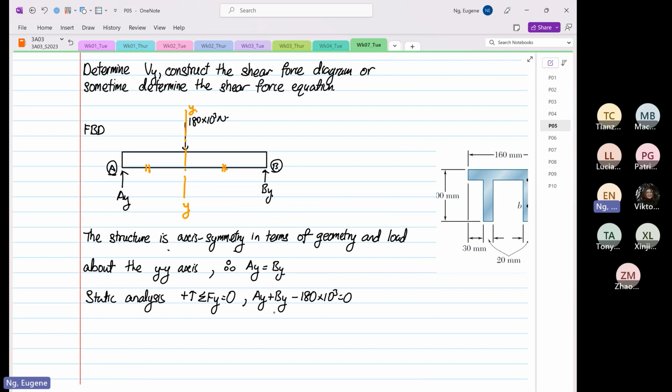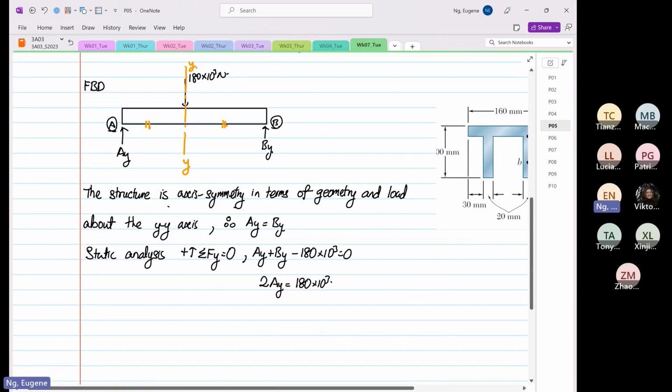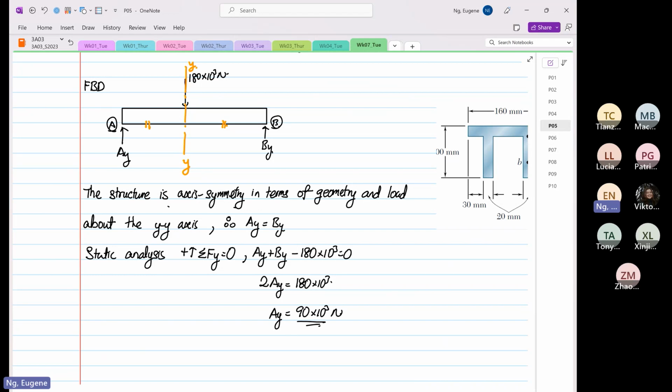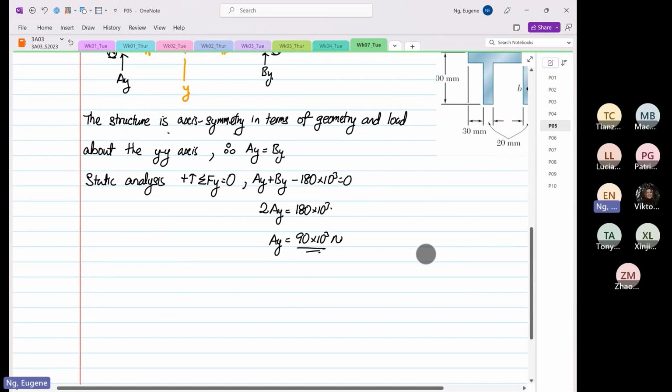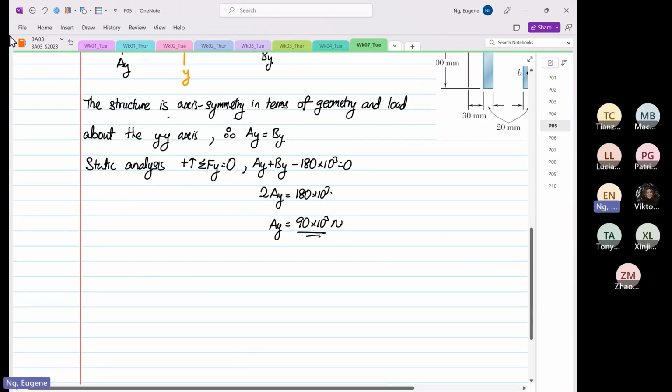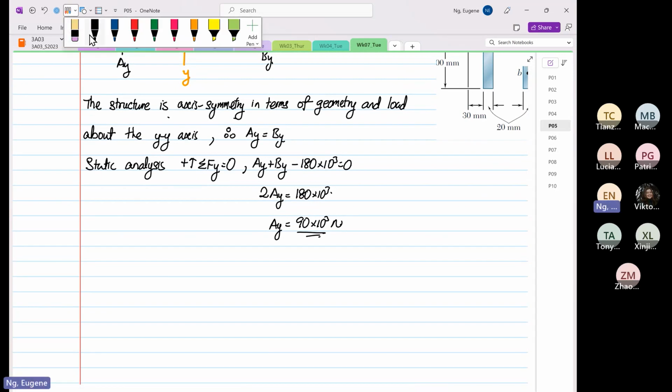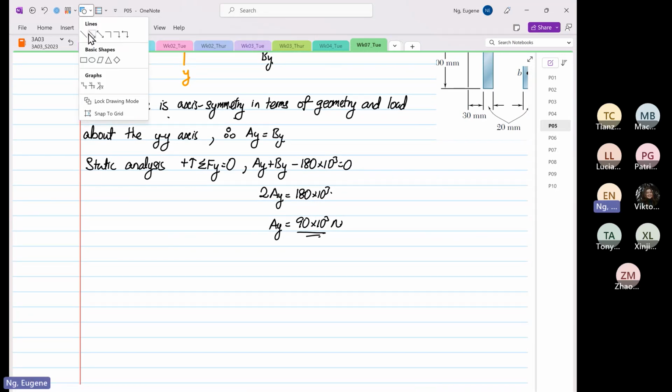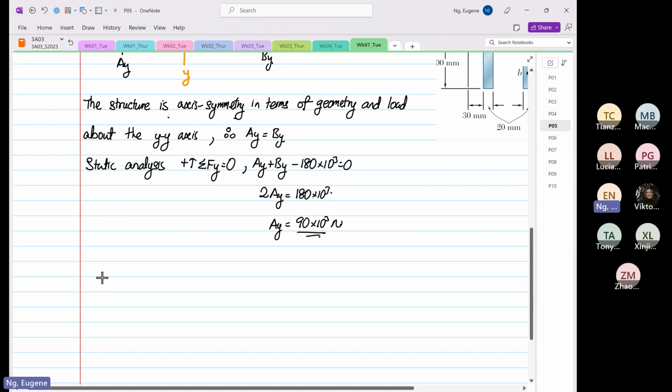So we know that AY is equal to BY, so we can write 2AY is equal to 180 times 10 to the power 3. Then finally, we know that AY is equal to 90 times 10 to the power 3 Newton. So when we construct our shear force diagram, what does it look like? Okay, so just to quickly recall how to construct our shear force diagram.